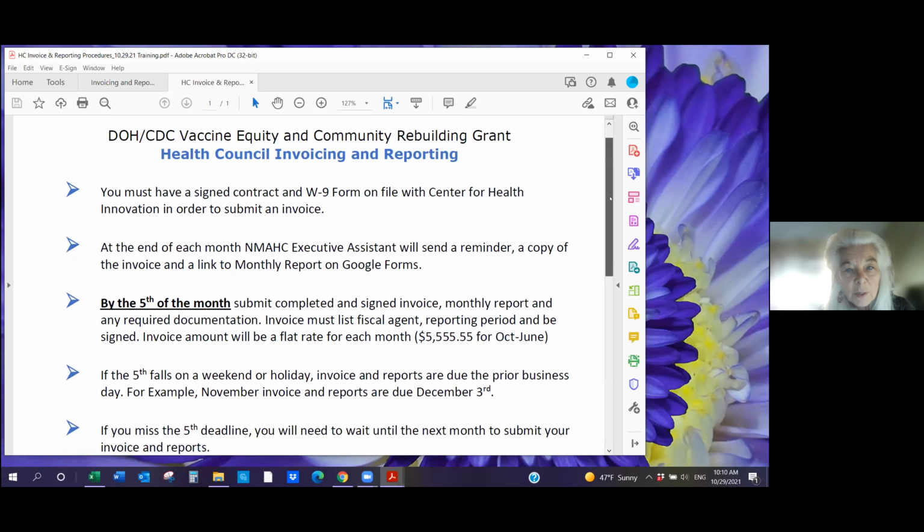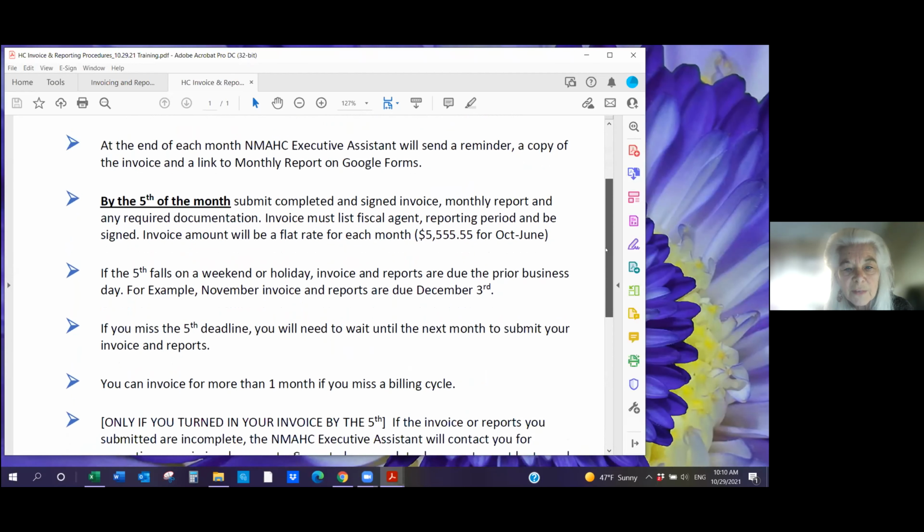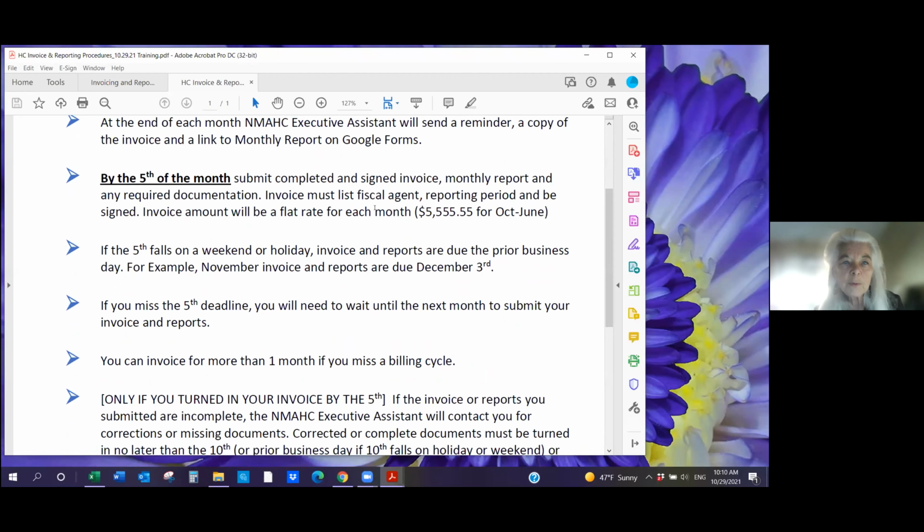The invoice amount will be a fixed rate. So everyone will get paid for the first state fiscal year. Your contracts all begin in October and will end June 30th of 2022. And then don't worry, because we'll send you a new invoice for year 2.